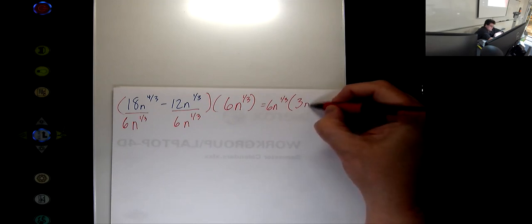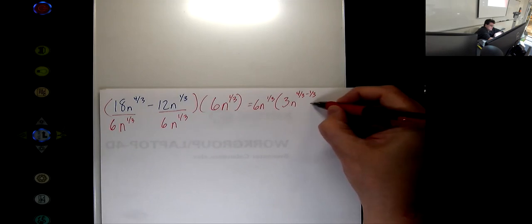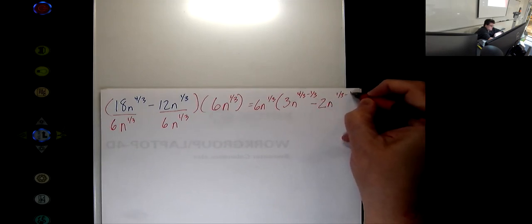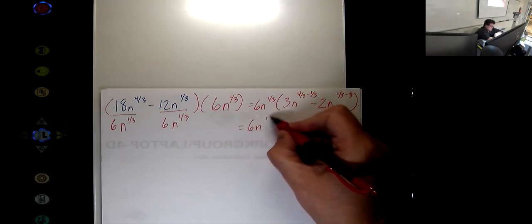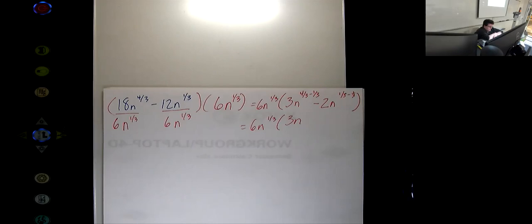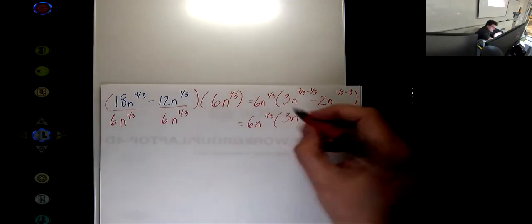And I'm going to subtract exponents. So I get 6n to the 1/3, 3n to the 1, and when it's just 1, we don't leave it. 1/3 minus 1/3 is 0, so n to the 0 is 1.